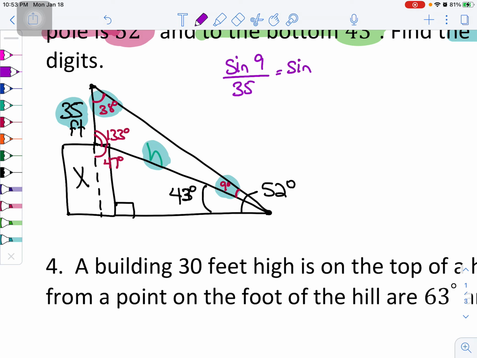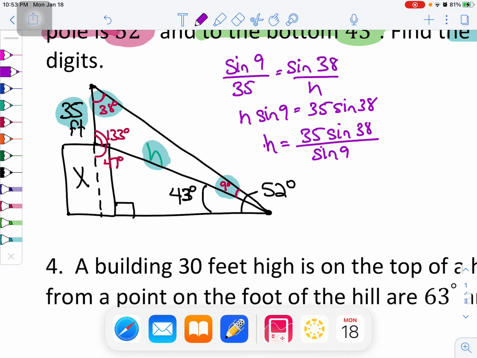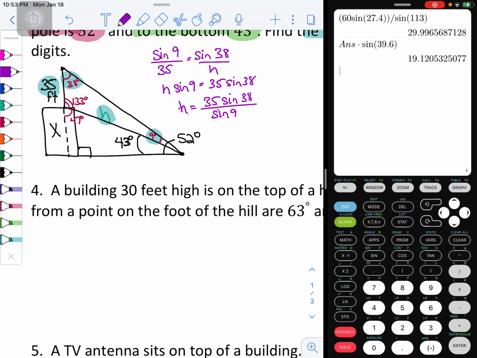So sine of 9 over 35 is equal to the sine of 38 over h. So let's see, this would be h sine of 9 equals 35 sine 38. H is equal to that numerator divided by sine of 9.